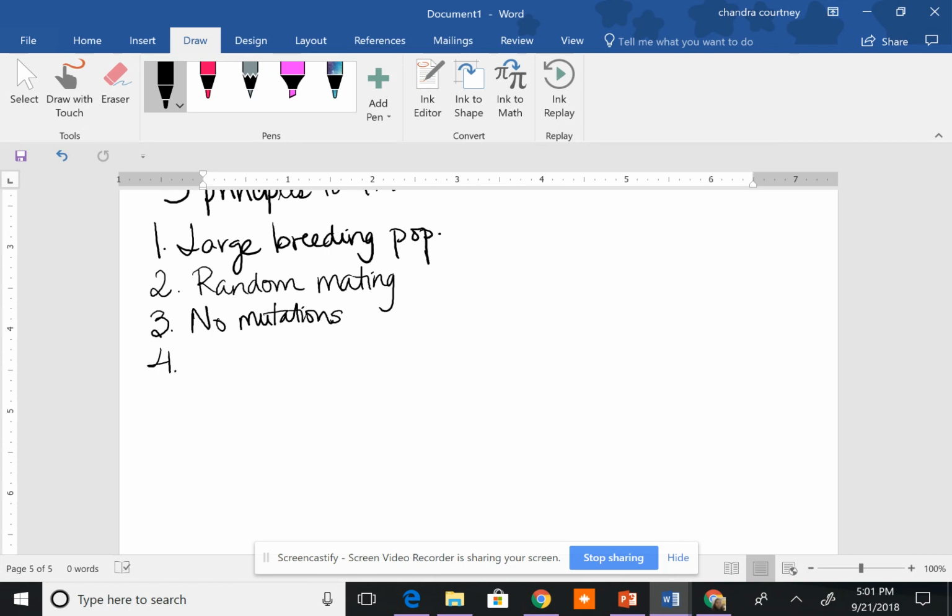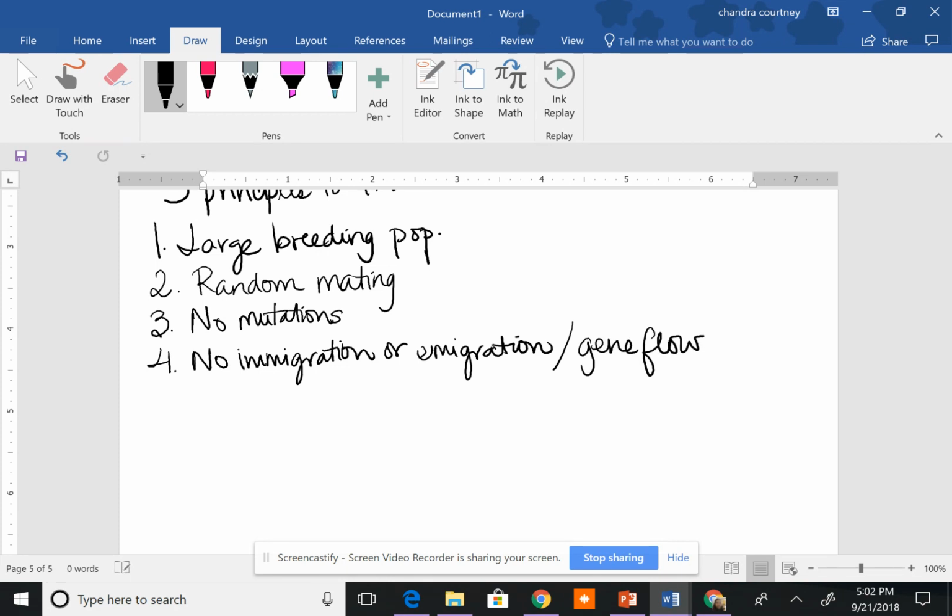Fourth, there is no movement between populations, no immigration or emigration. Another way they phrase this is gene flow.